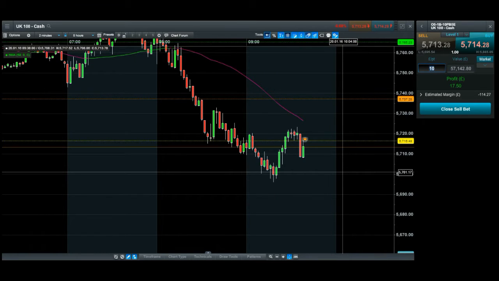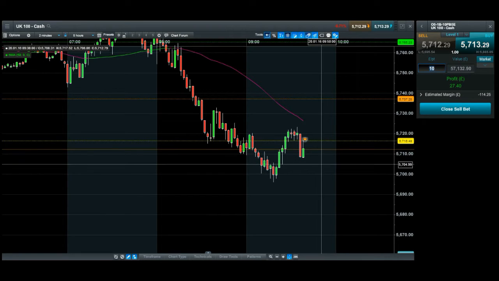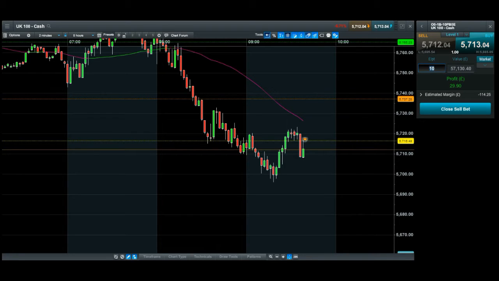Just wait a little bit longer now, as the market is pushing the index back down. And at the moment, I'm already making £39. So I'm pretty happy with this.